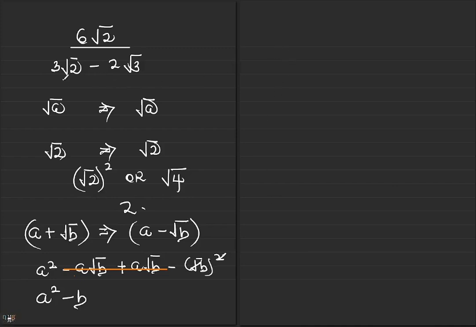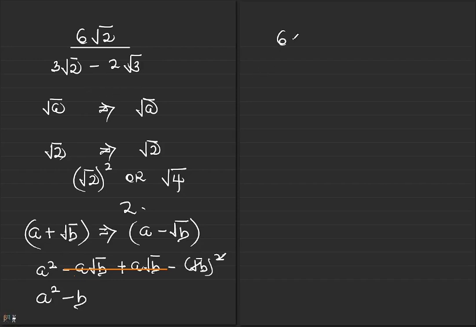So for 3 root 2 minus 2 root 3, its conjugate, as we change this sign here to what? Positive. And the rule says whatever you do to the denominator, you have to do the same to the numerator. That is to say, if you are going to multiply the whole denominator by its conjugate, then we have to do the same to the numerator so that our fraction's value will be preserved.